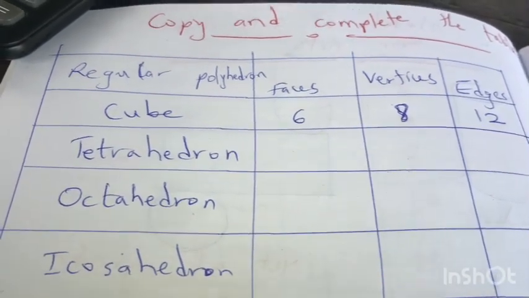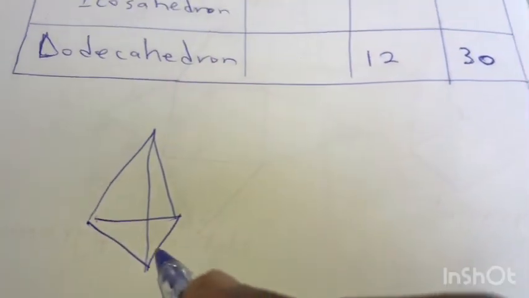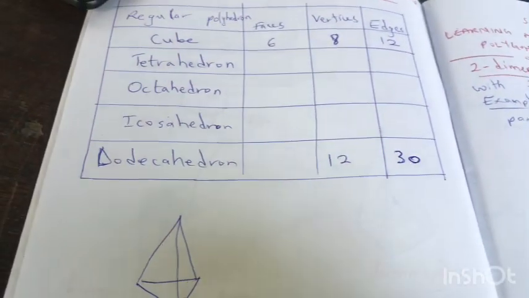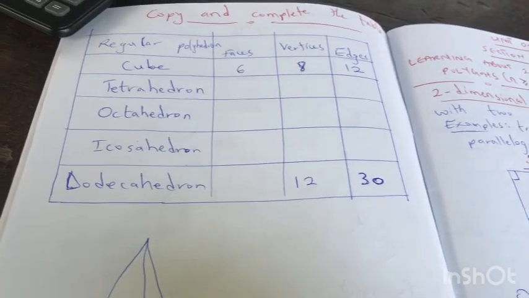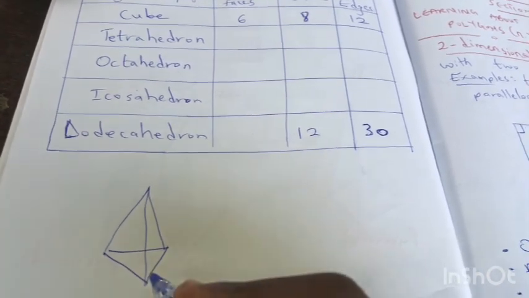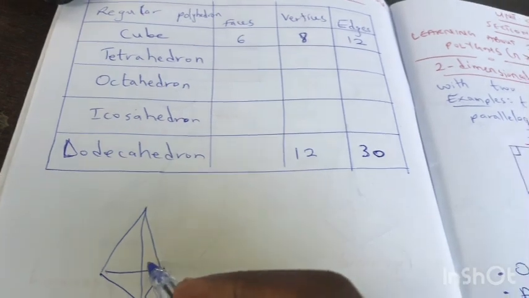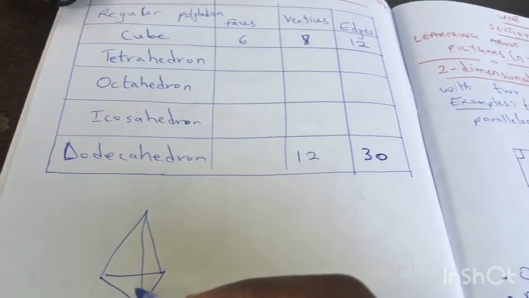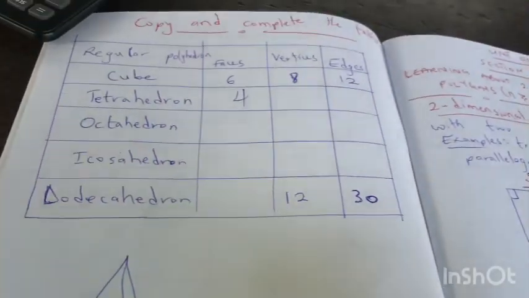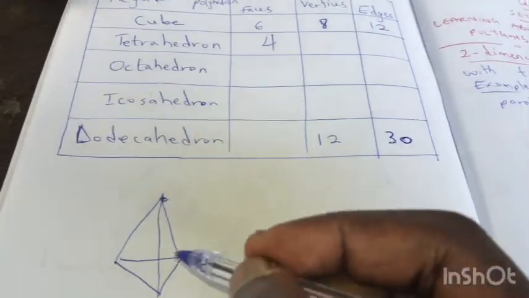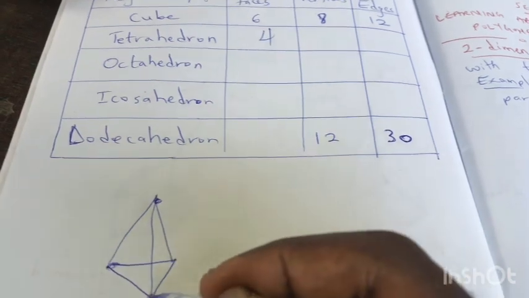A triangular pyramid. This is a triangular pyramid. Okay, so how many faces does it have? Yes, as we discussed in the other example, it has how many? 1, 2, the back 3, and then down 4. So how many faces? 4 for a tetrahedron. How many vertices? 1, 2, 3, and 4.